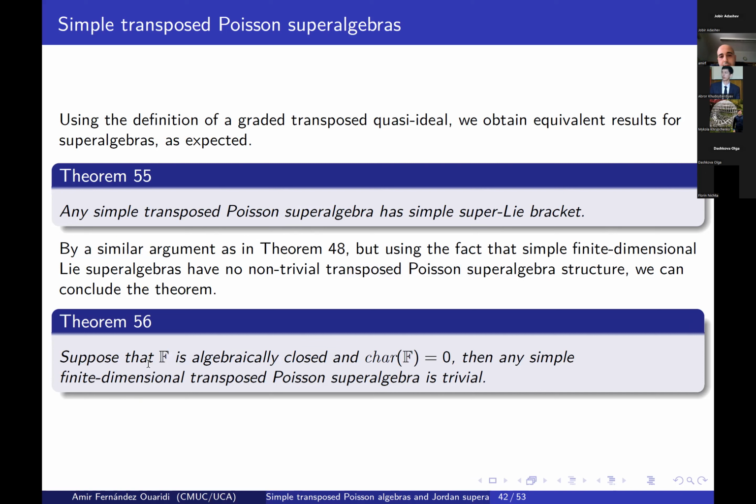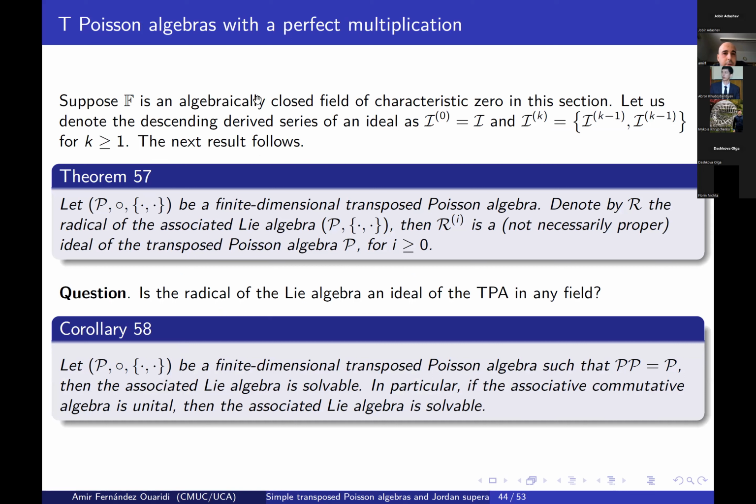Now, what happens in the case when instead of one of the multiplications being simple, we want it to be just perfect? Well, if we fix F to be an algebraically closed field of characteristic 0, and we denote the descending derived series of an ideal I as this bracket of K, the next result follows.